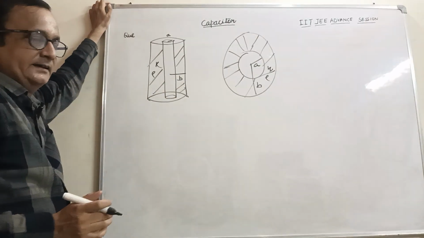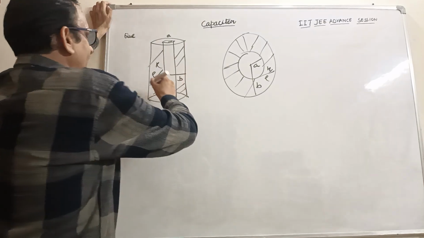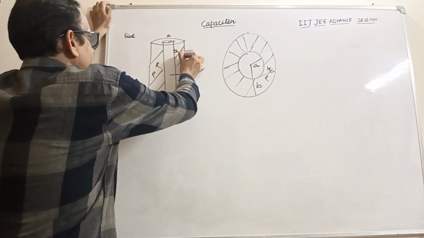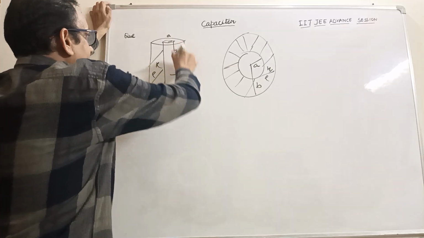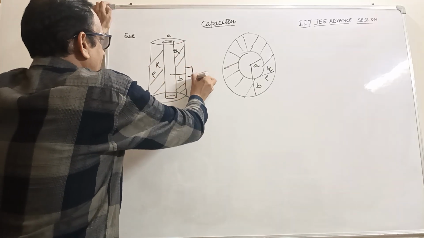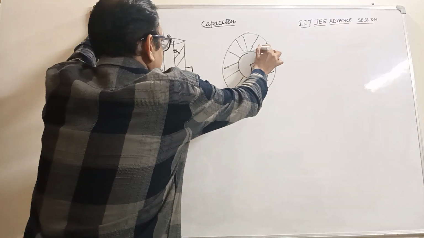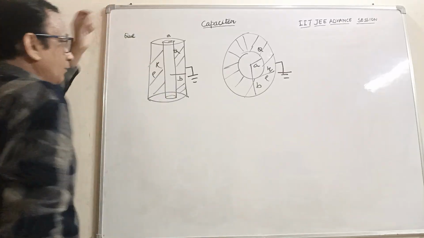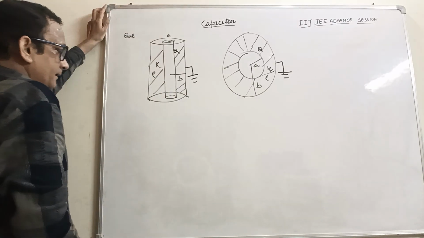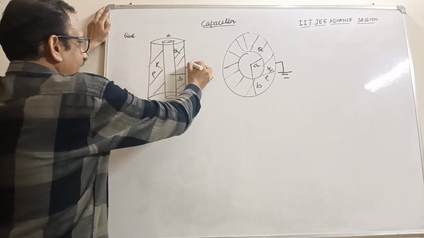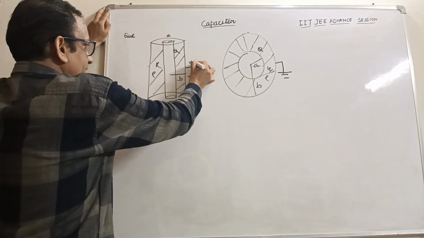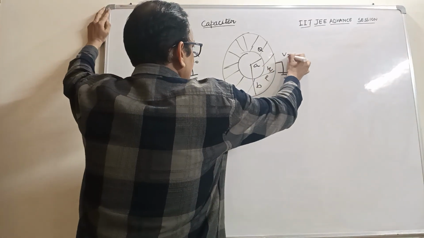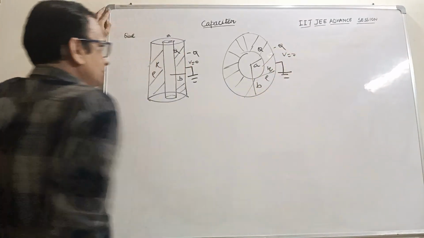So we have to find, when initially the charge q is provided on the inner surface and the outer surface is earthed. Initial surface charge plus q is provided and the outer is earthed. So at the outer surface the potential would be 0, so negative charge will be induced.